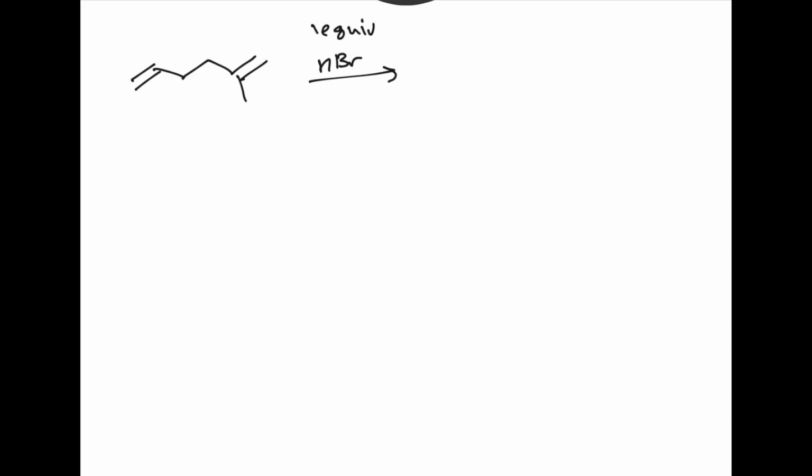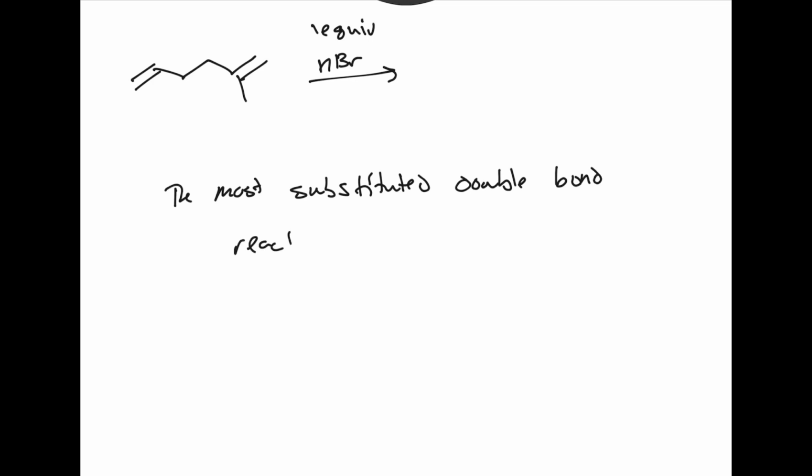I can only react with one because I only have enough HBr to react with one, but I need to know which one, right? So the general rule of thumb is the most substituted double bond reacts first. So you're going to pick the double bond that has the most groups on it, and that is going to be the double bond that reacts first.